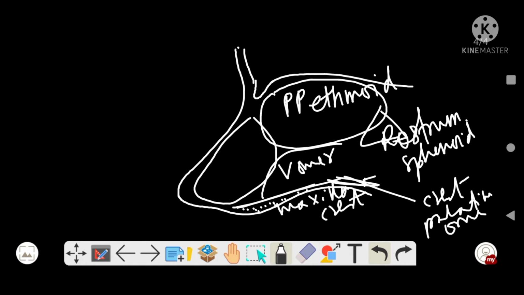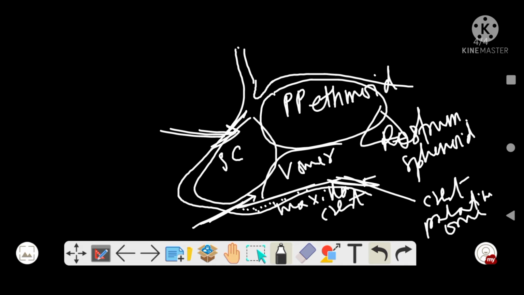This section is your septal cartilage. Here is your anterior spine of maxilla. And somewhere here is your nasal bone, the crest of nasal bone.